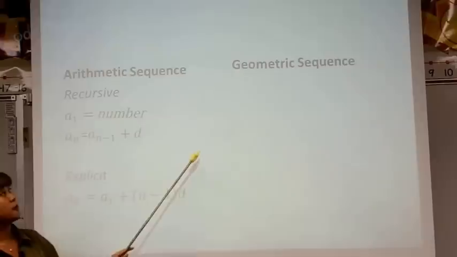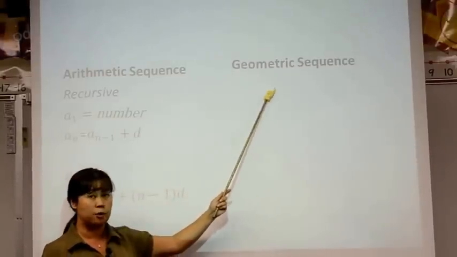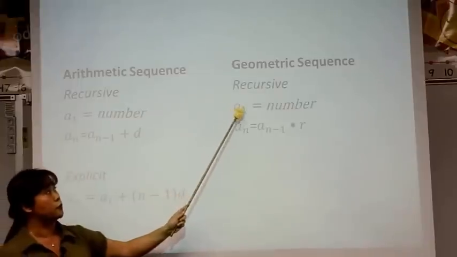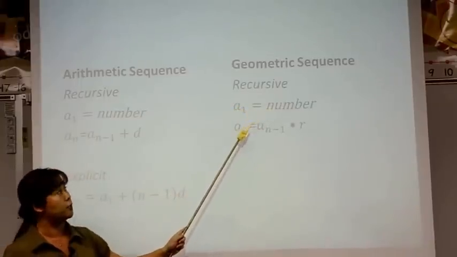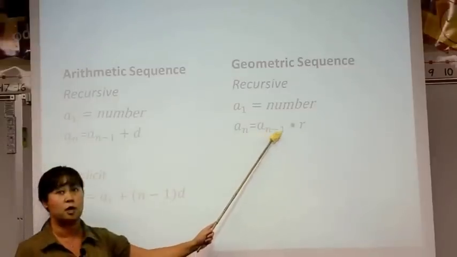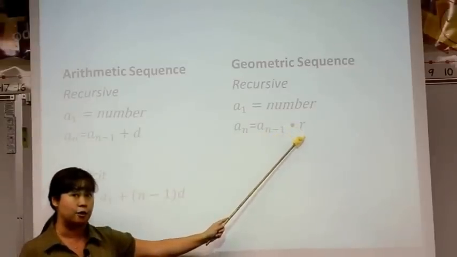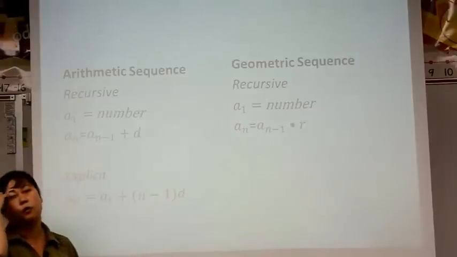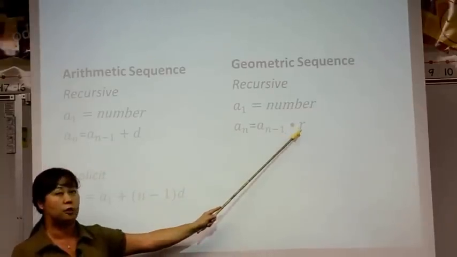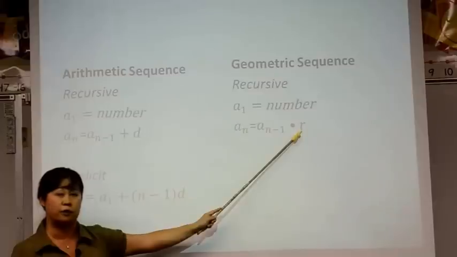Then we also have the geometric sequence, which has something similar. We have the recursive, which means the first number, and the formula for the geometric sequence is a_(n-1) times r. r is the pattern. So in geometric, we're either going to multiply or divide, so that's going to be a whole number or a fraction for the pattern.